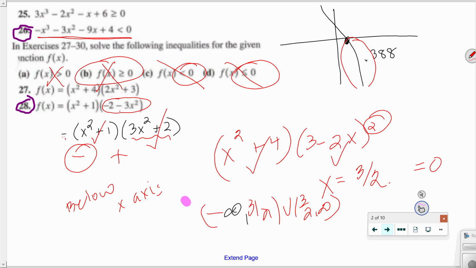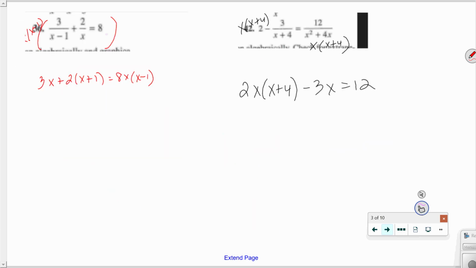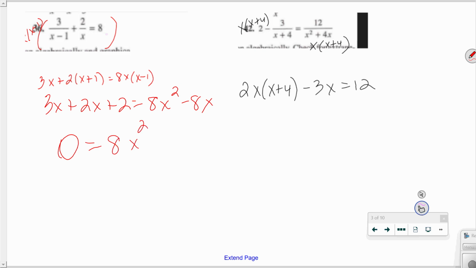All right, let us see what else we got. Okay, so these two were equations. You're going to take both of them and multiply by the LCD. So I got these 2 lines when I multiply by the LCD. On this one, I multiply it all out and rearrange: 8x squared minus 13x minus 2.